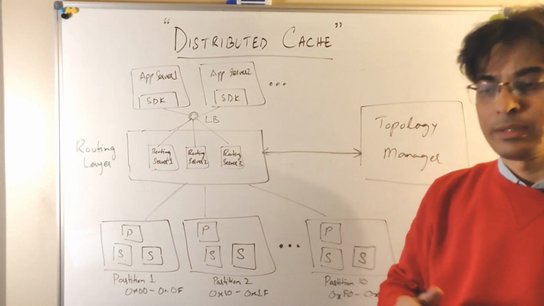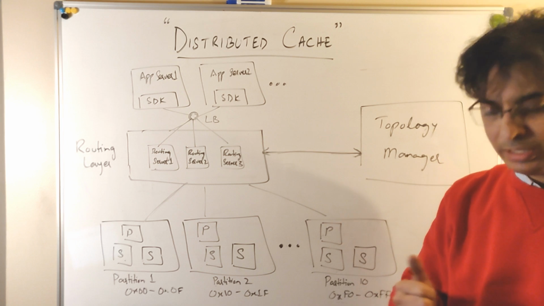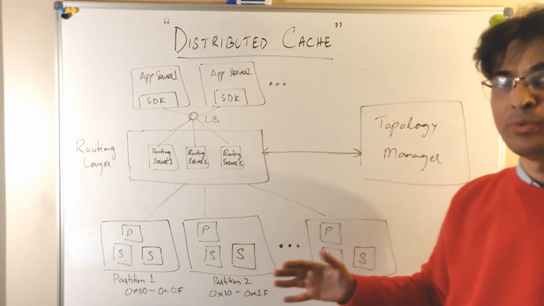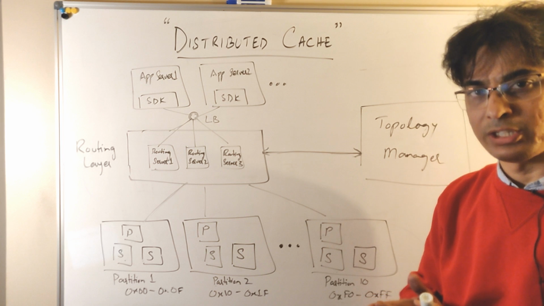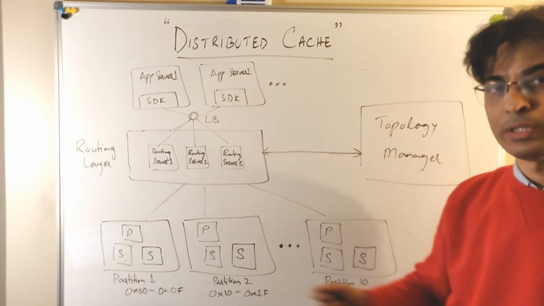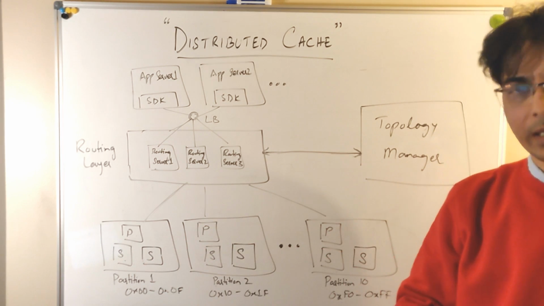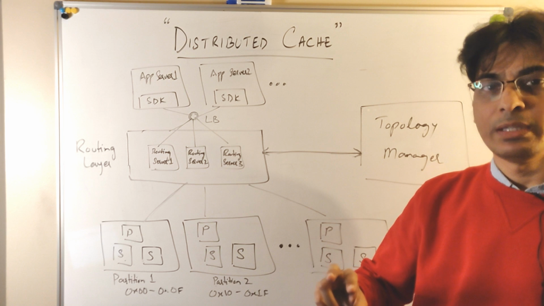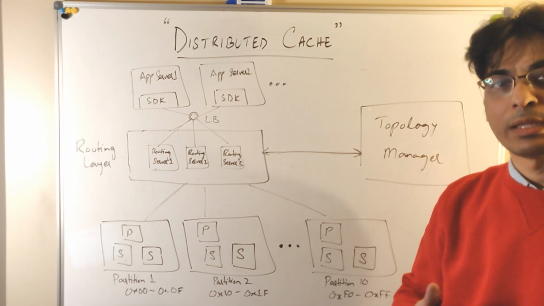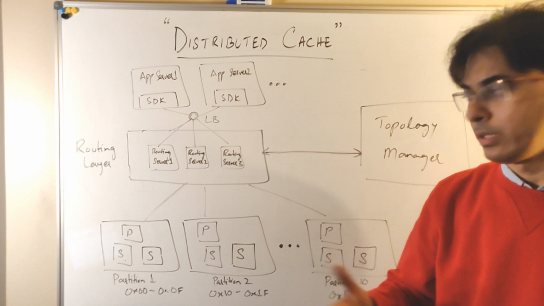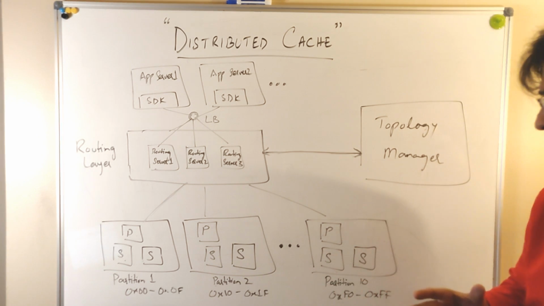So whenever some update to topology happens, what is an update to topology? Either we introduce a new partition by splitting a partition, or we merge 2 partitions into one, or we introduce a new replica in a partition, or remove a replica from the partition, or the primary replica switches and becomes secondary, and some secondary replica is promoted to primary replica in a partition.